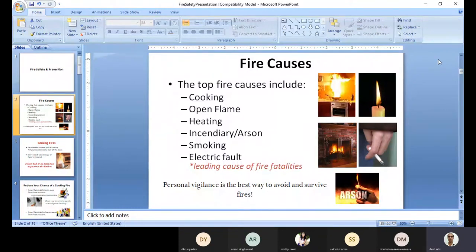Like in a commercial building, like a shopping mall or in a factory, in some corporate sector buildings, cooking is not one of the main reasons for fire. Cooking is basically much more related to the residential area, the residential buildings, like the housing societies.